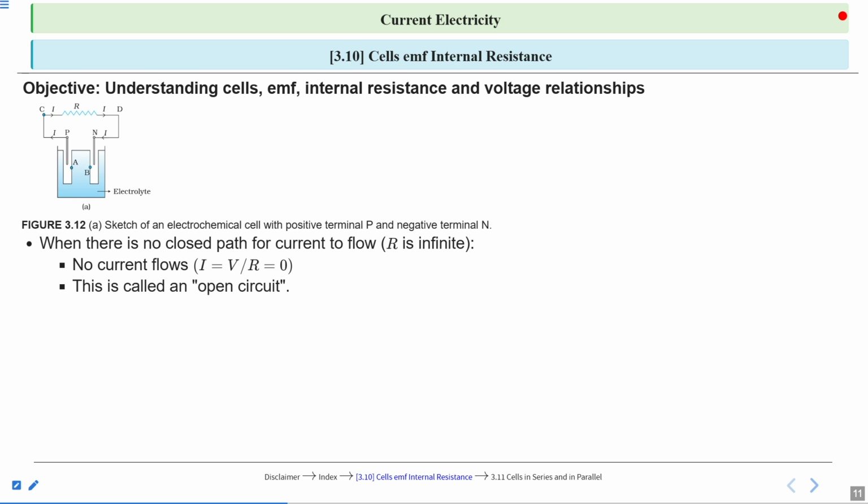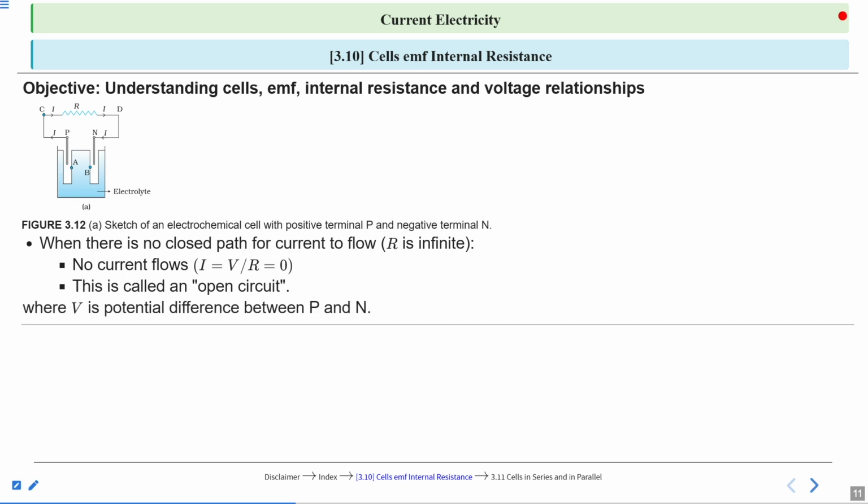This is called an open circuit: when no current is flowing through the circuit. If some amount of current is flowing, it is called a closed circuit. Here V is the potential difference between point P and N.